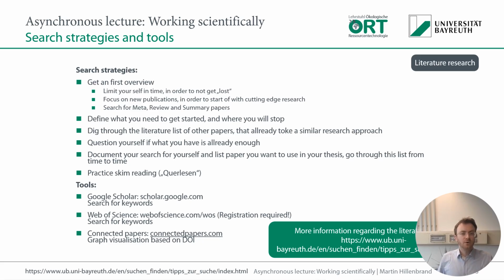You can also start your research with that. When you have read about five papers and you say, hey, okay, this is interesting, then check with Connected Papers which papers they are referencing, and which papers reference the paper you were reading.